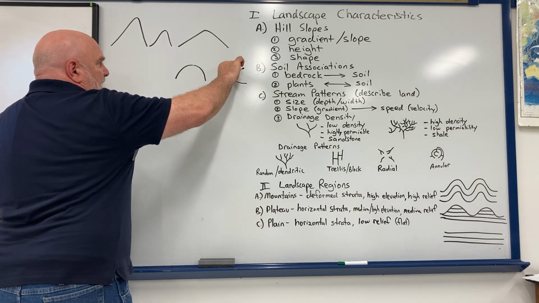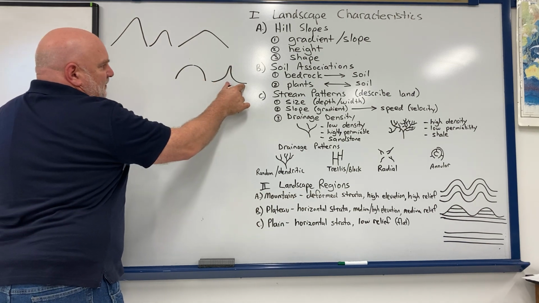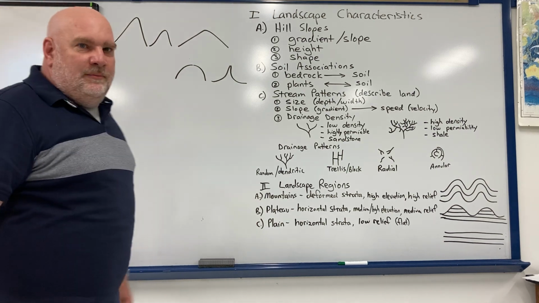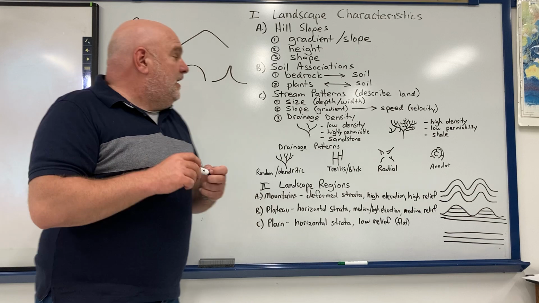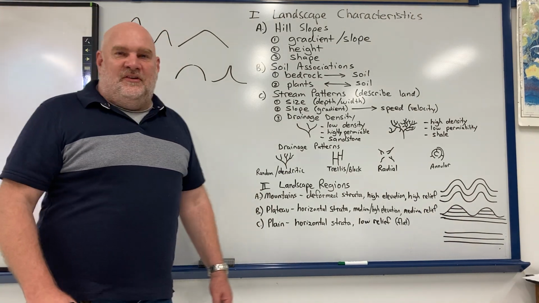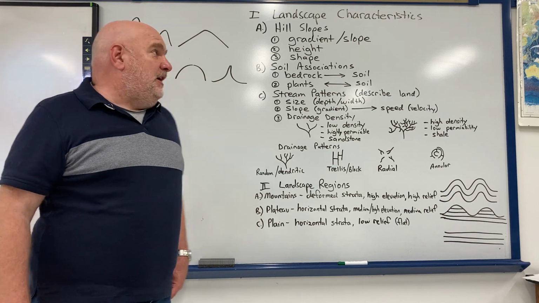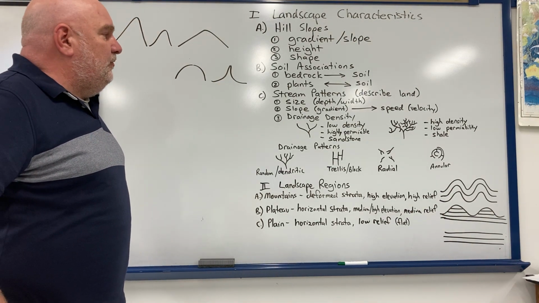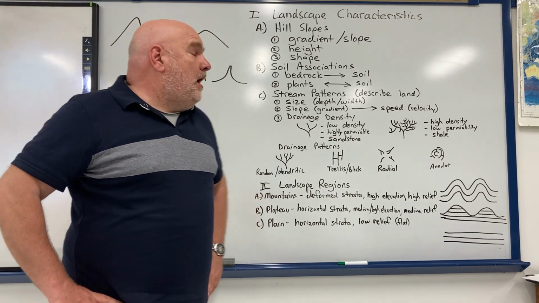The height and distance of both are about the same, so they have about the same average gradient, but by looking at them, you can tell the shape is different. One has a convex shape, one has a concave shape. So describing the hills is one thing I might do to describe a piece of land.